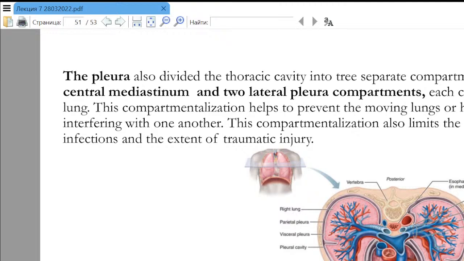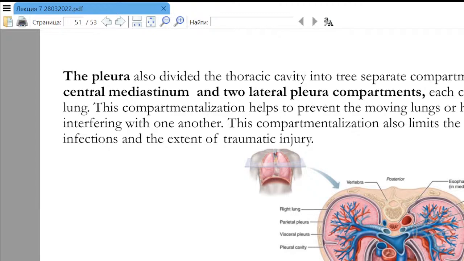This compartmentalization also limits the spread of local infection and the extent of traumatic injury. What you see: the mediastinum, the central compartment, and the lateral pleural compartments.